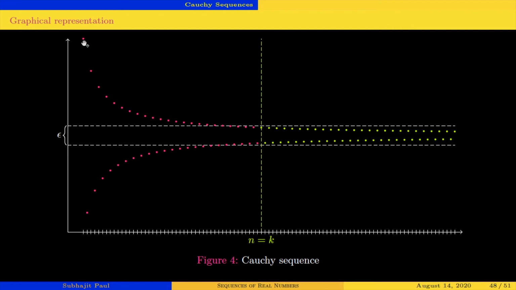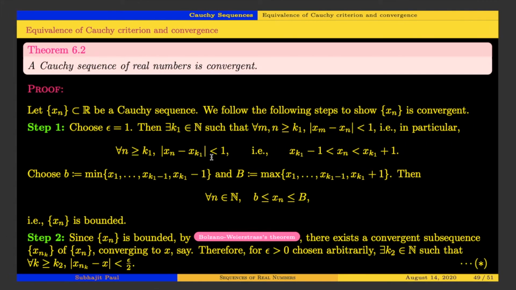So, the bound of this first part: this is my upper bound, this is my lower bound for the first finitely many terms, and I will compare this upper bound to the upper bound of the tail, and this lower bound to the lower bound of the tail. So that is what is written over here.